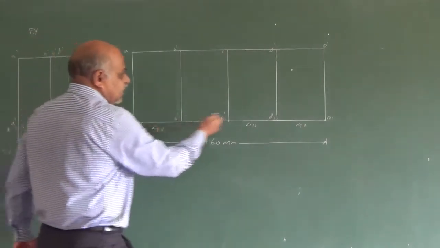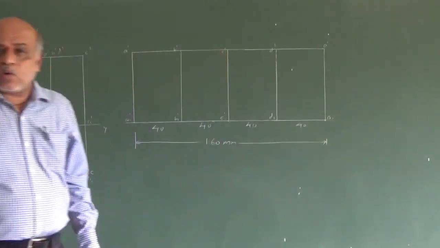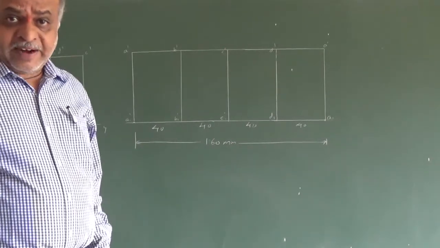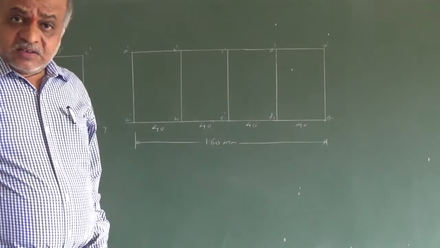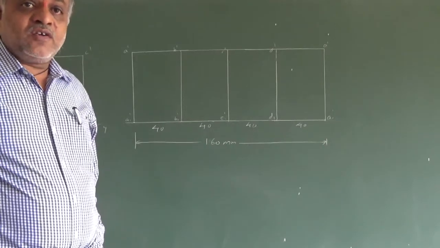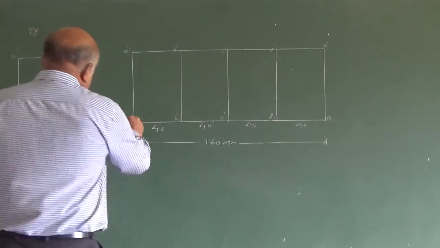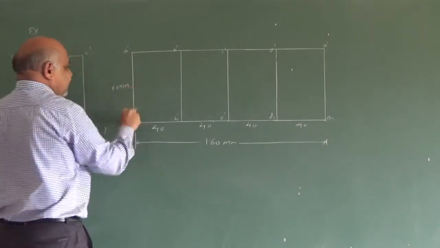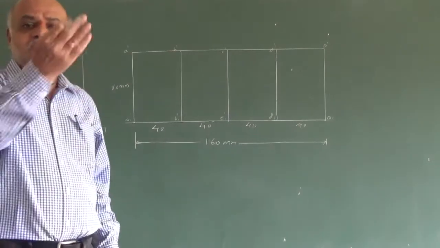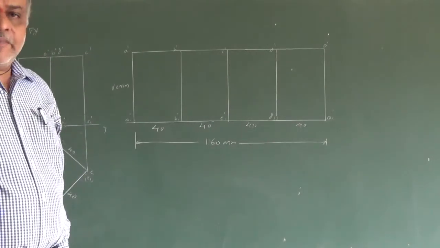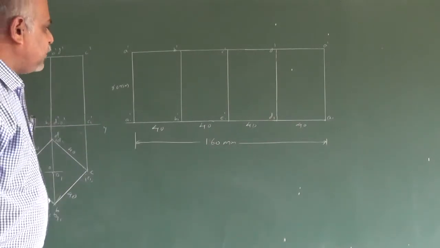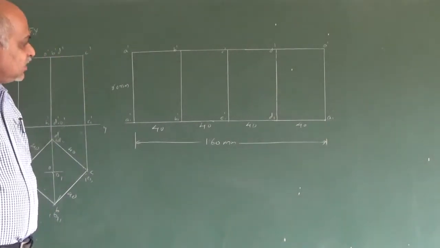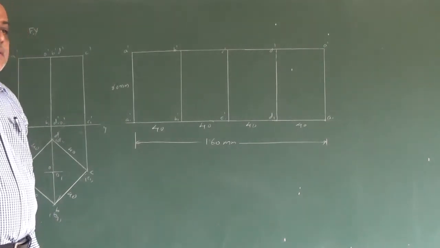So 160 mm of material is required to develop a square prism of 40 mm side. Four sides means 40 into 4, 160 mm. The height of the material is going to be 60 mm throughout. Such development of solids can be used in tailoring shops and other manufacturing of different materials.